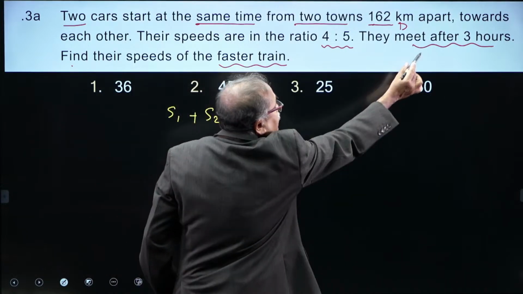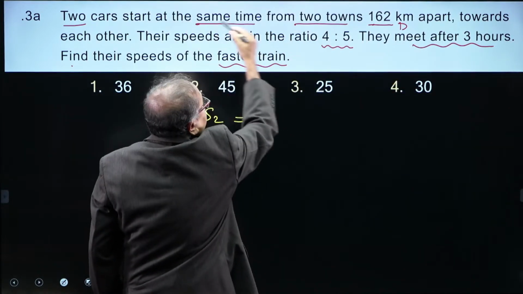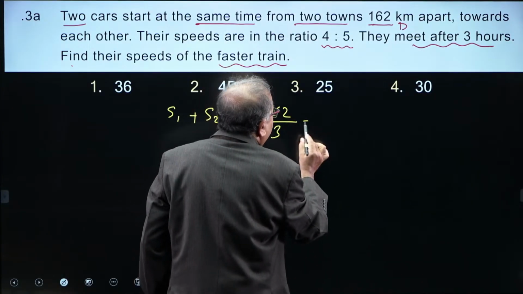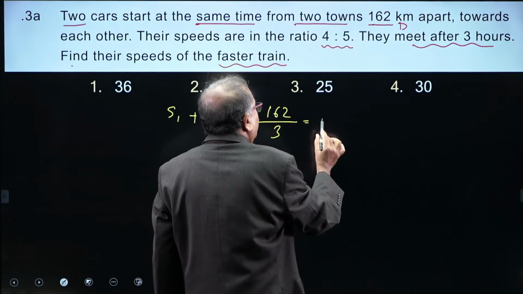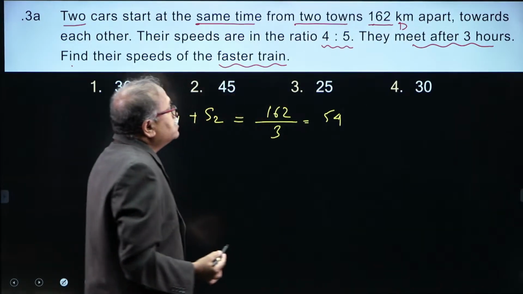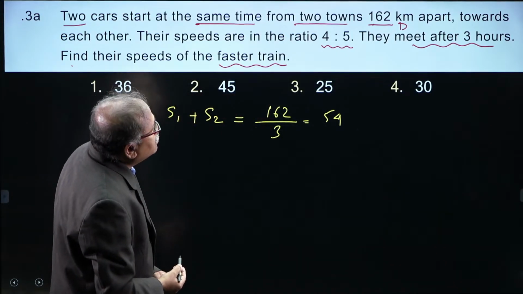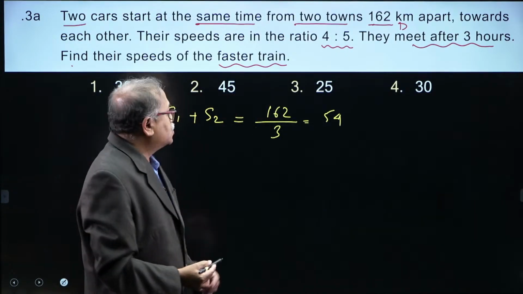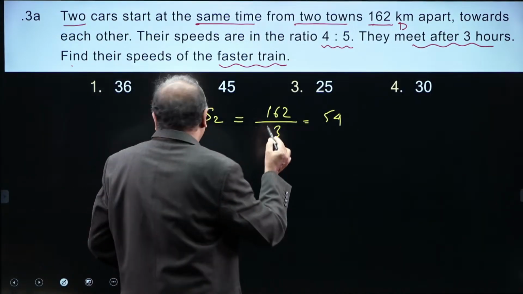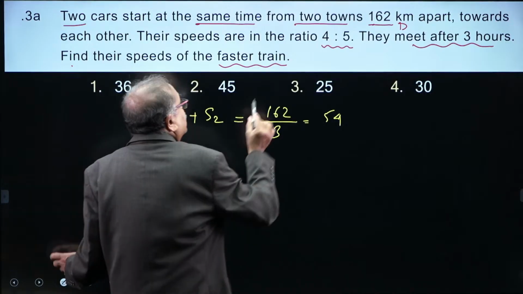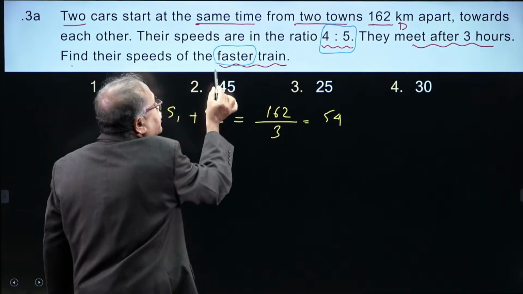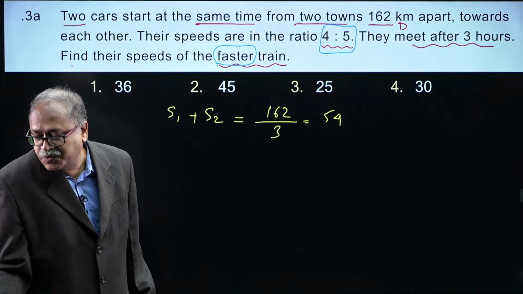The distance divided by time, which is 162 divided by 3, and 3 fives are 15 and 3 fours are 12. So, this is 54 kilometer per hour. If S1 plus S2 is 54 and the speed ratio is already given to us, and you are asked to find the faster train speed, can't I get the faster train speed?